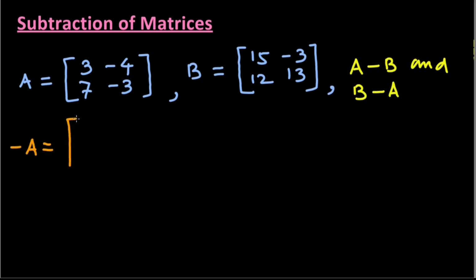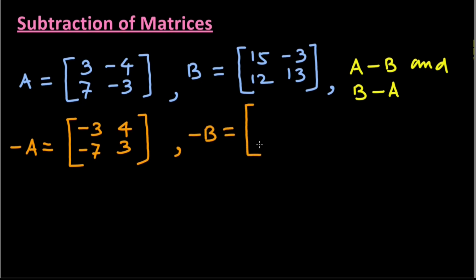It will be a matrix obtained by multiplying each element of A by -1. So it will be [-3, 4; -7, 3]. Matrix -B will be a matrix obtained by multiplying each element of B by -1.